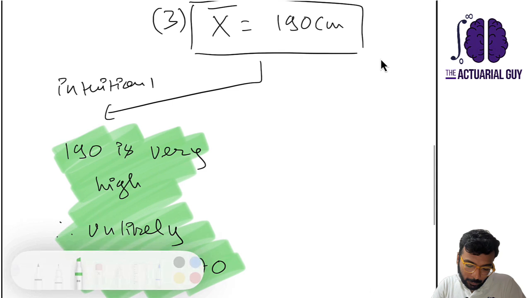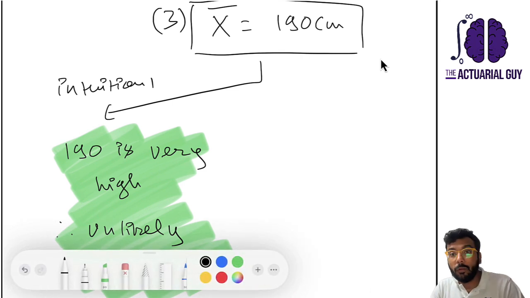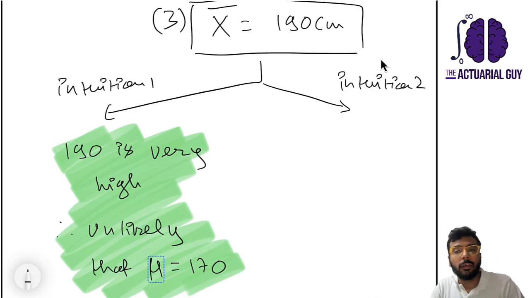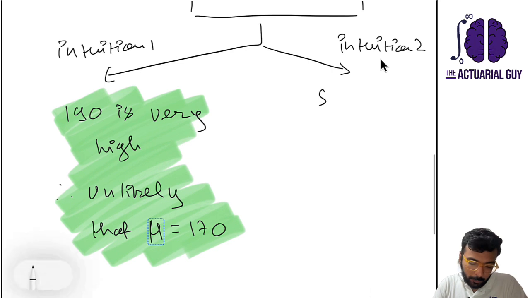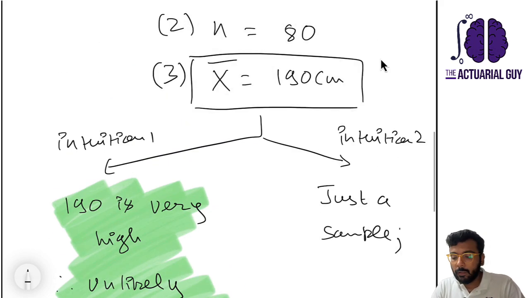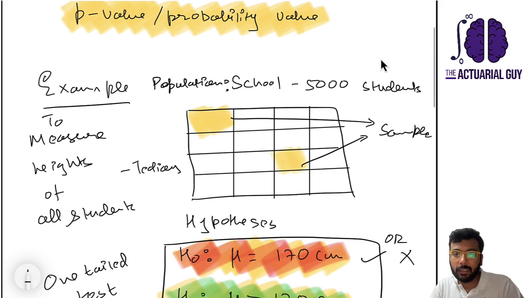But then some of you may argue that, hey, this is just a sample. What if, coincidentally, even though you selected this sample randomly, you ended up selecting the grades or the classes with higher average height? What if, like, maybe this was 200, this was 180 average?